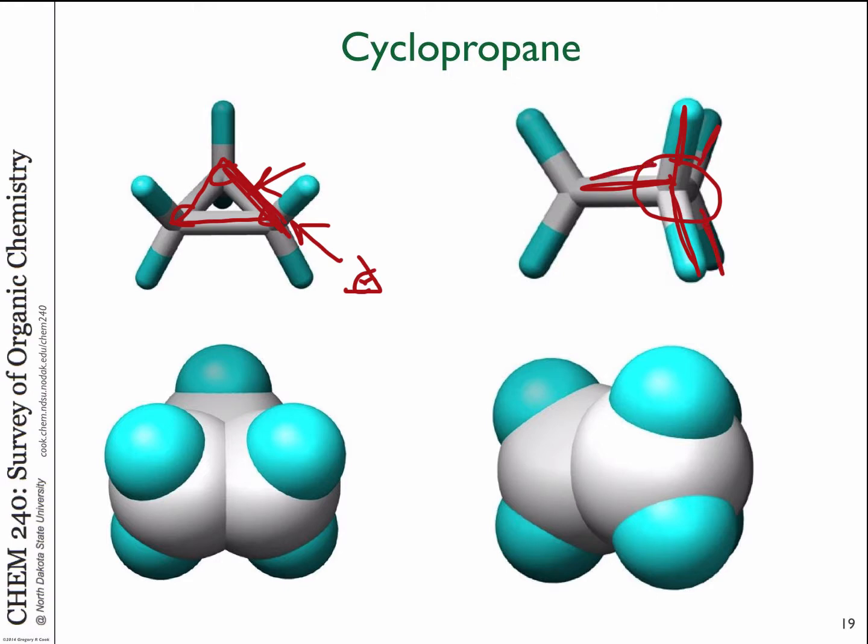What else do you notice about cyclopropane? Besides being flat and having really, really small angles, so angle strain, what about torsional strain? Would it be high or low? Remember, torsional strain is when bonds from adjacent carbons eclipse and overlap.